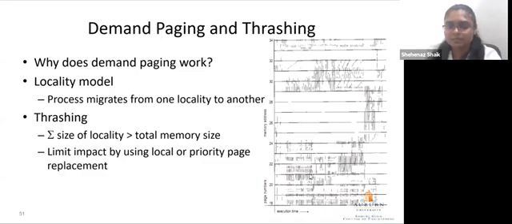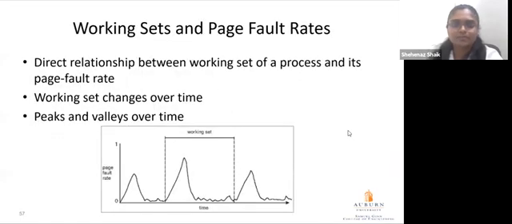So at this point in time, there will be a valley until this point, and then there will be a peak in page fault rate by the process to load all these different pages here. Okay? And once that is done, it will stay stable until this point when these pages are requested again. So this kind of behavior can be observed from this picture.